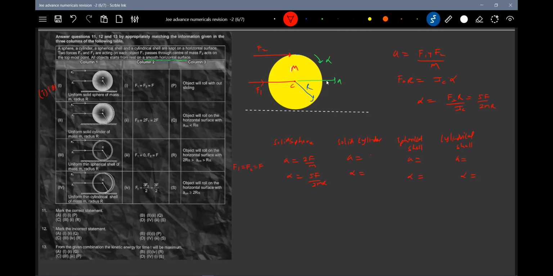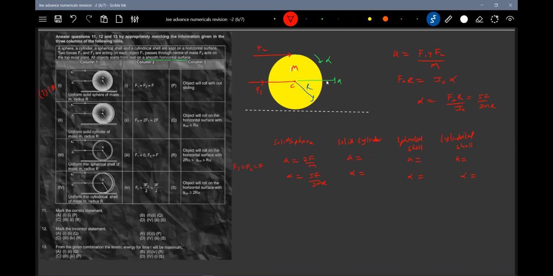So what you have to do, you have to save time from some other questions and bring it here. Like this, I think once you fill up this column, then we can manage here for solid cylinder.